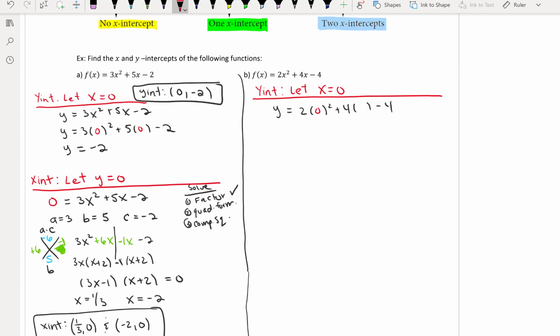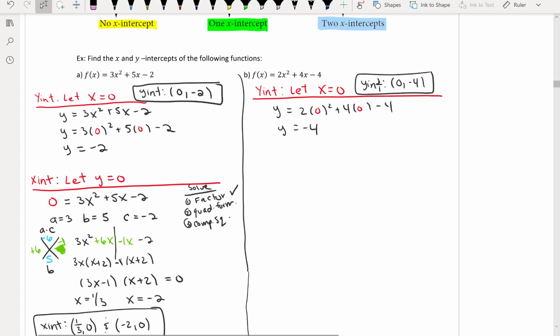And what I'm plugging in here is 0. So I get that y is equal to -4. So I know that my y-intercept is actually going to be 0, -4. So there's my first answer.